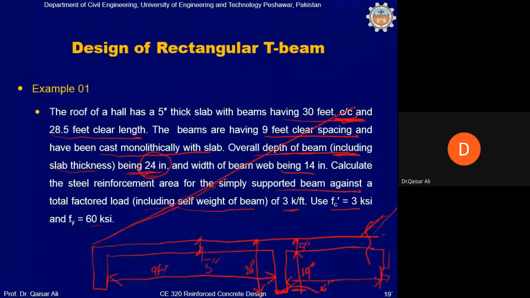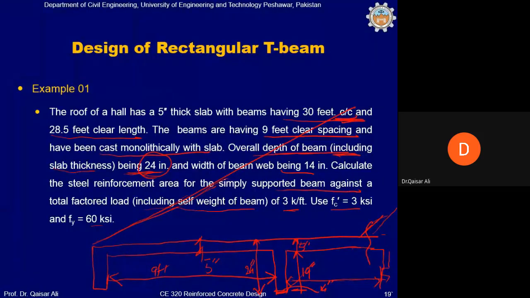So this will be designed as a T beam because in the case of positive bending moment, the bottom portion will be in tension, and the top portion will be in compression. And as you know now, the top portion consists of part of the slab. So part of the slab will be in compression on the top side of the beam, and the bottom portion will be in tension.